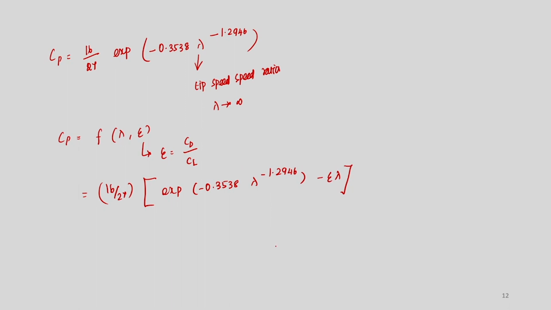Epsilon is defined here and this epsilon also varies based on the type of rotor we use. It varies between 0.008 to 0.02 for propeller type rotors and rotors having blades with airfoil section.